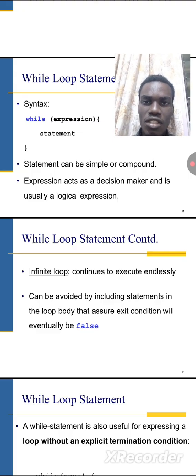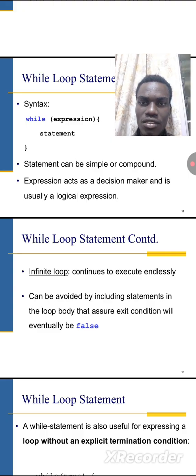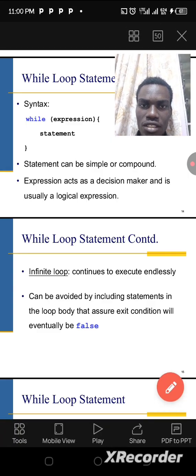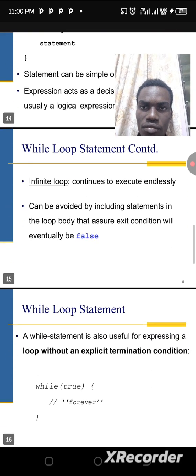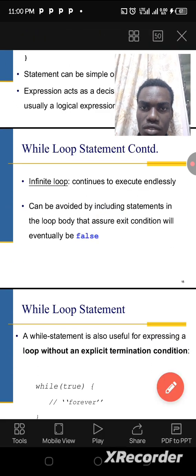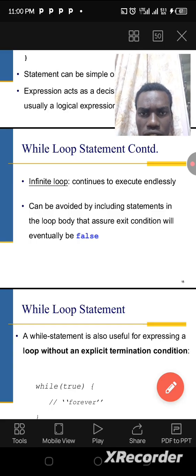The expression acts as a decision maker and it's usually a logical expression. An infinite loop, which continues to execute endlessly, can be avoided by including a statement in the loop body that assures us this condition will eventually be false.